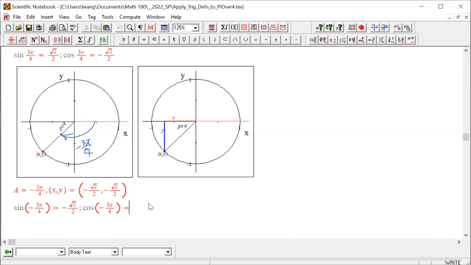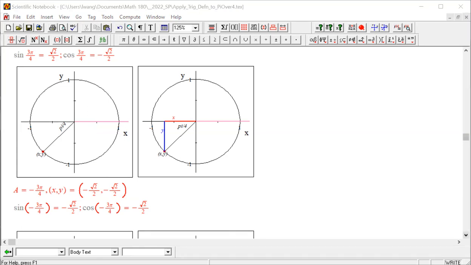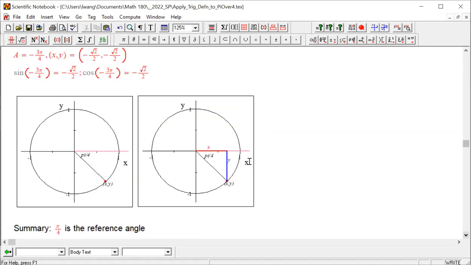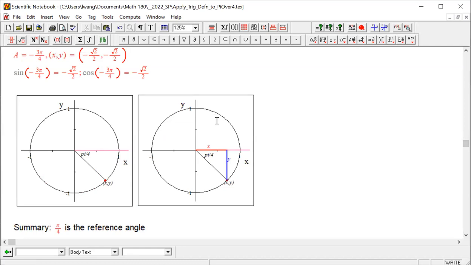So this is once again negative root 2 over 2. Last but not least, you can see how the definitions are being used.